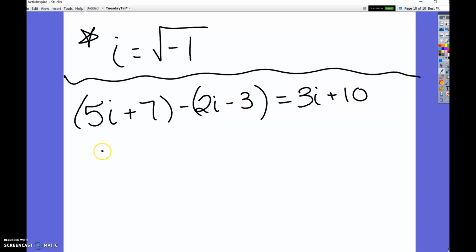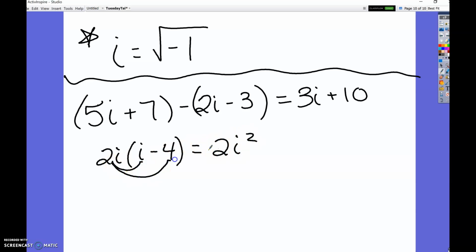You can also multiply them like 2i times i minus 4. But here's where it gets a little crazy. 2i times i is 2i squared. 2i times negative 4 makes negative 8i. When it comes to i squared, think about it. If i is the square root of negative 1, i times i would be square root of negative 1 times the square root of negative 1.